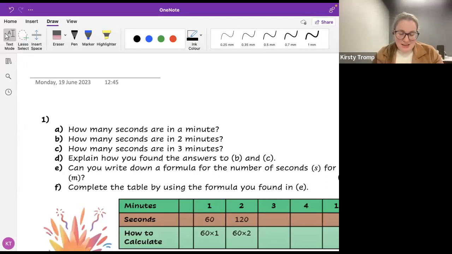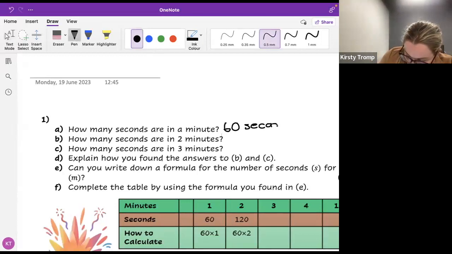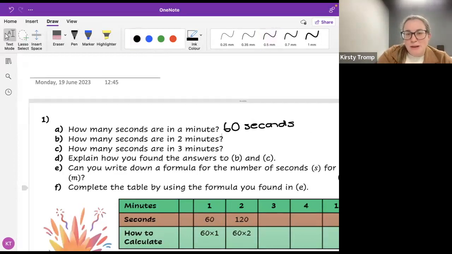Let's see if our pen has enough charge on it yet to let us write. Yes, awesome. There are 60 seconds in a minute. And do you agree with me, Himo, that because it's a word problem, we're going to write 60 as a number and then seconds? Yes, ma'am. Well done. Thank you so much.